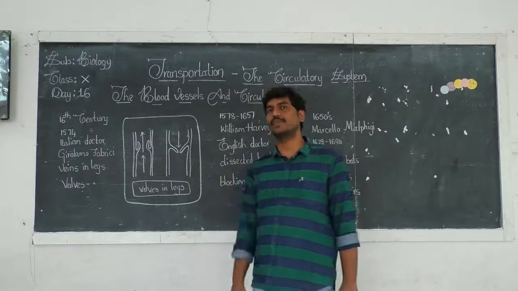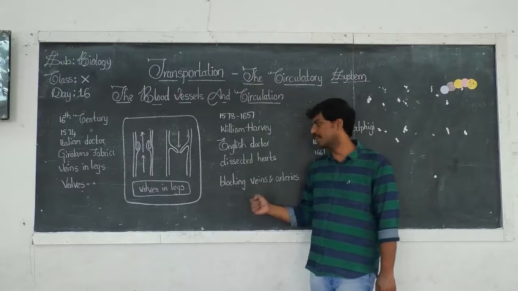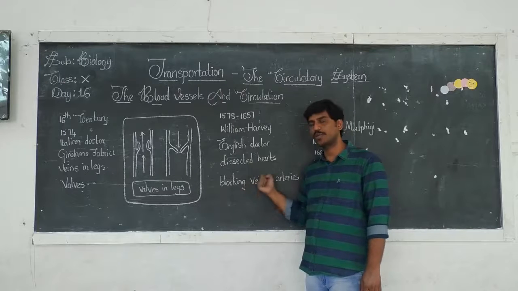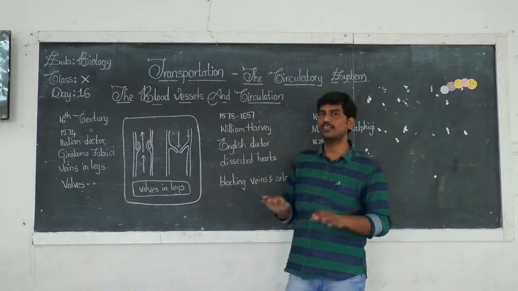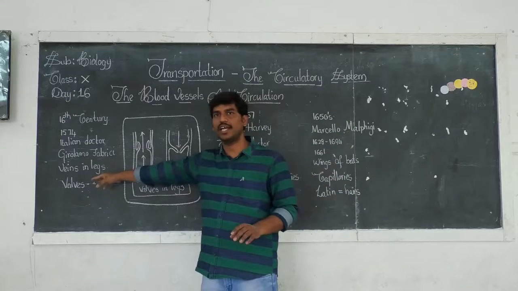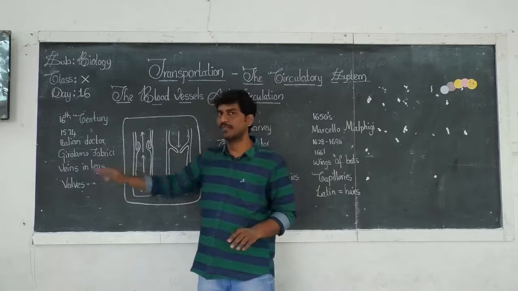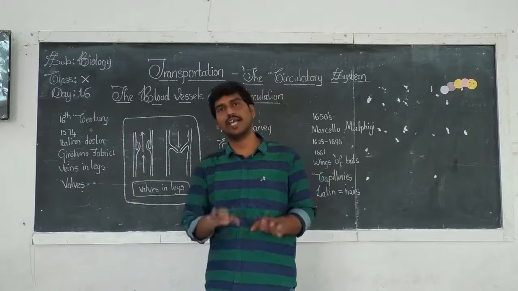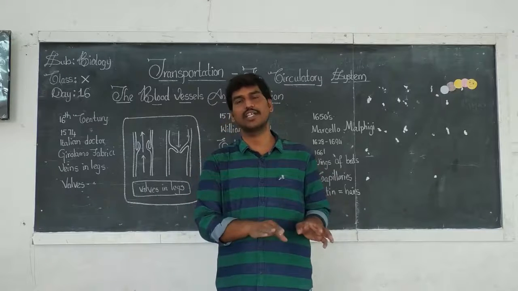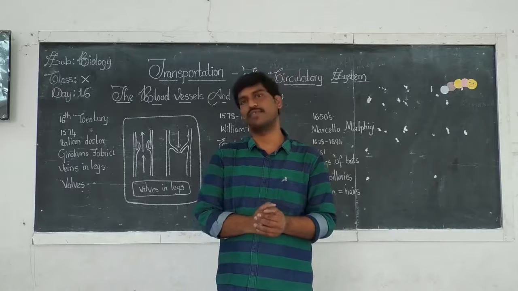During that study, he saw that the tricuspid valve and bicuspid valve are just like the valves present in the veins of the legs. The same way those valves do their function, these valves also do their function.